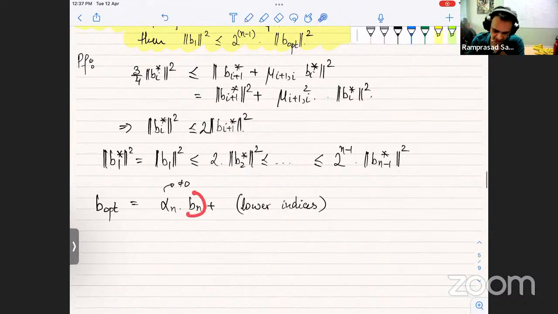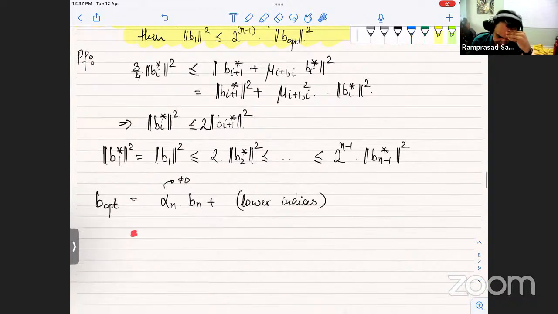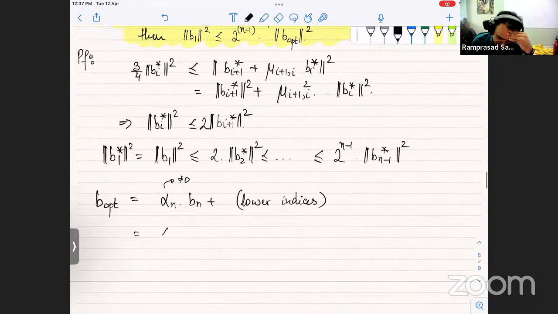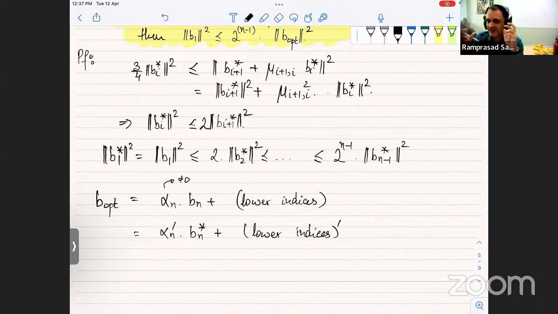Now, I already know that each b_n can be written in terms of these b_n stars in some way. So if I were to write it in terms of b_n stars, I'll end up with something that looks like alpha n times b_n star plus a bunch of lower terms. Let me put a prime here in the sense that the lower terms could all potentially change. But here is the key point.